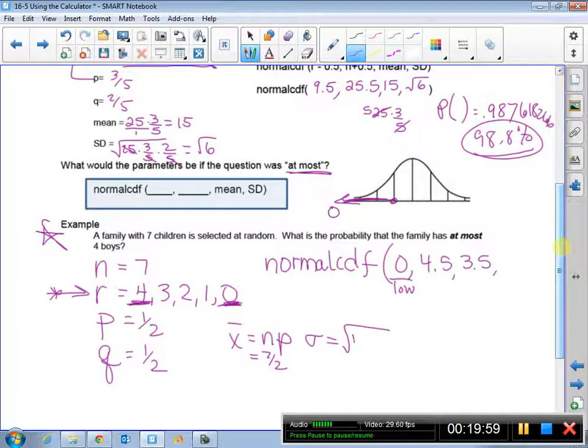And the standard deviation is still the square root of NPQ. Square root of NPQ is square root of 7 times a half times a half. I'm just going to go with square root of 7/4, and that's literally what I'm going to put in. So let's do this, and then we're done. We'll find the probability that we have at most 4 boys.